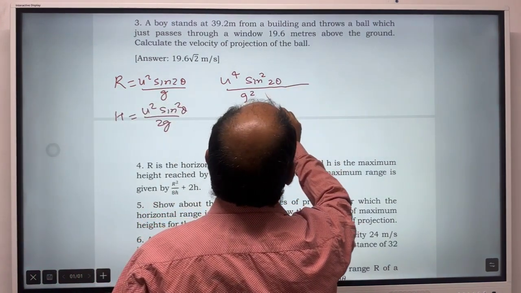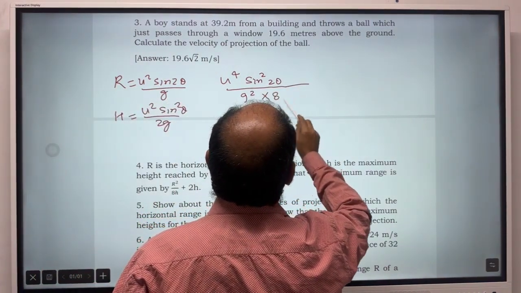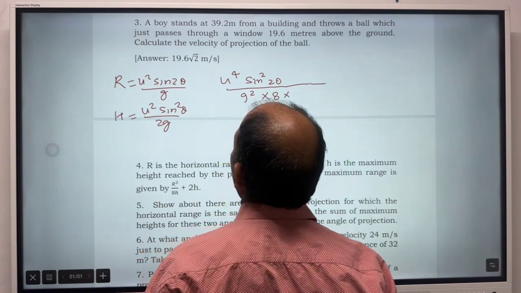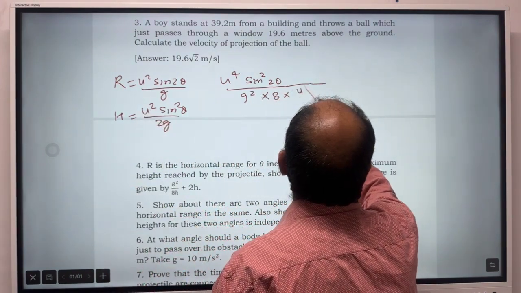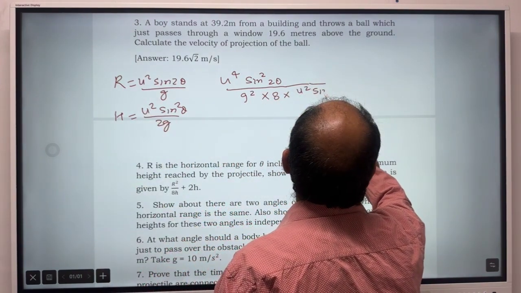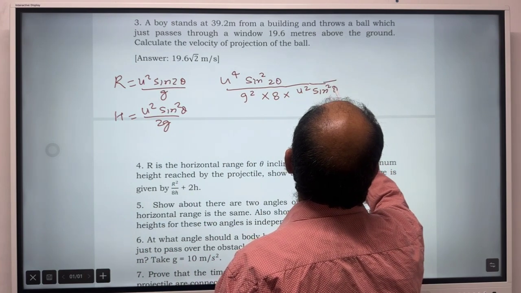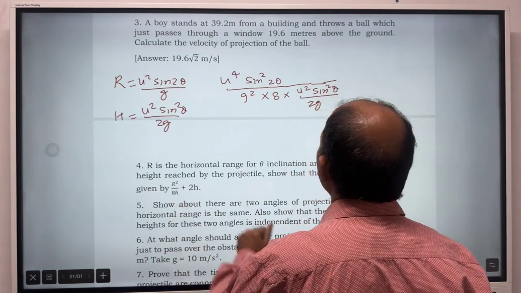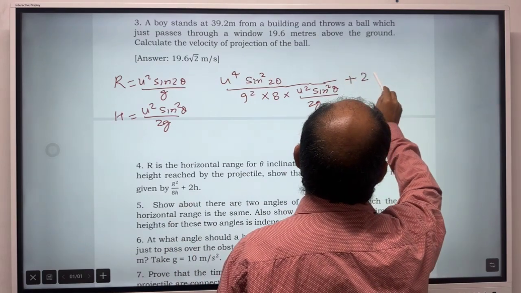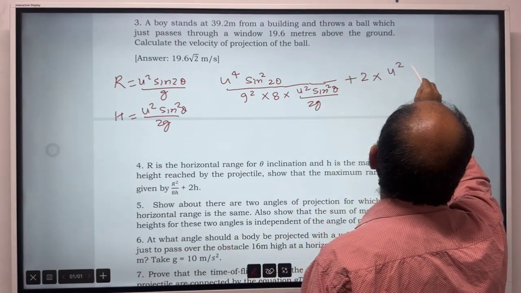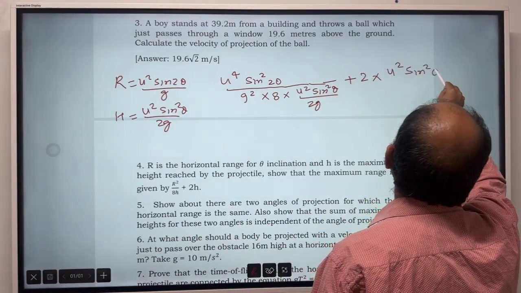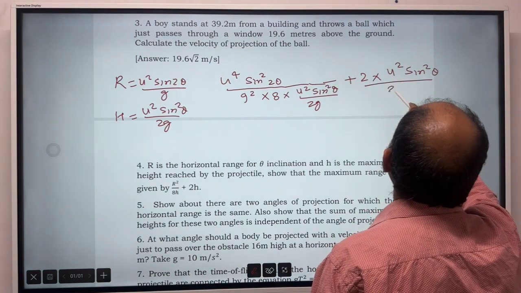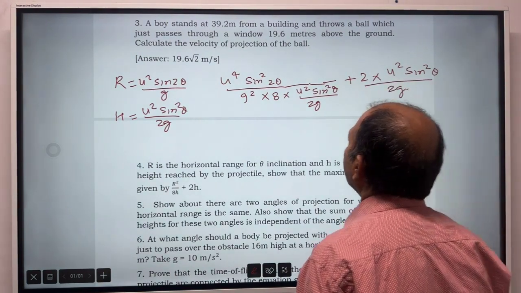So 8 times h, multiply 8 and then write the value of h: u square sine square theta divided by 2g. This is the first term plus twice of h, so u square sine square theta divided by 2g.